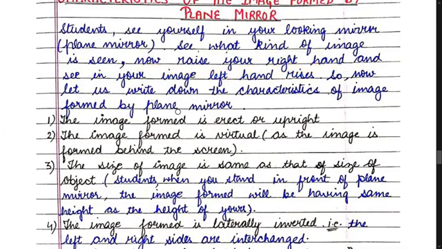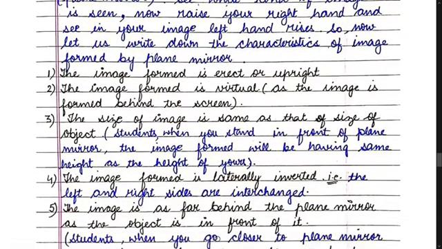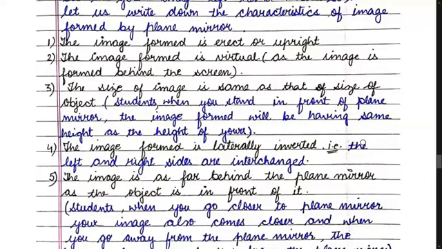So now let us write down the characteristics of image formed by a plane mirror. So, the first characteristic is the image formed is erect or upright.